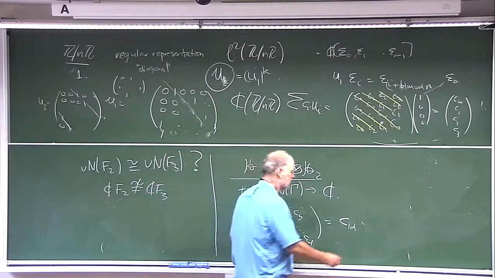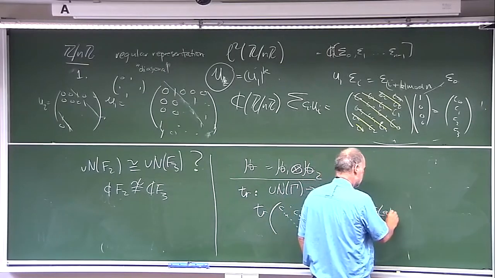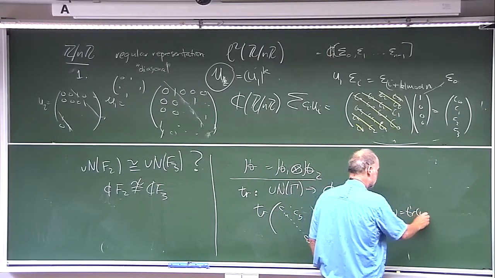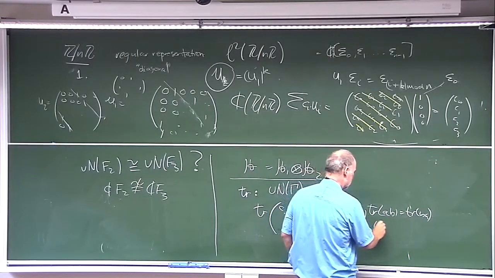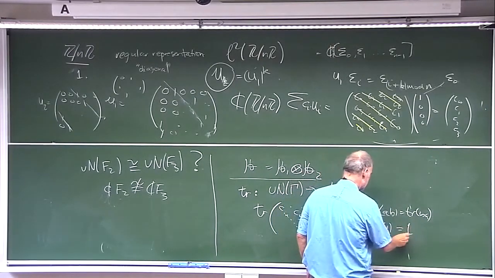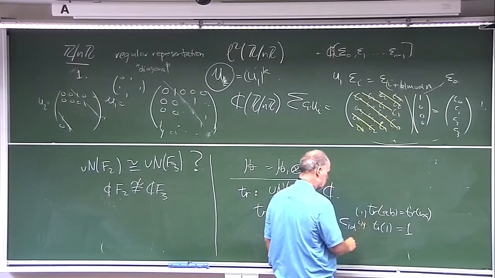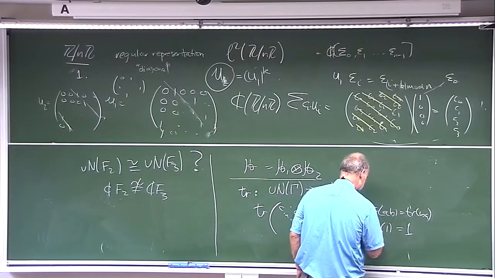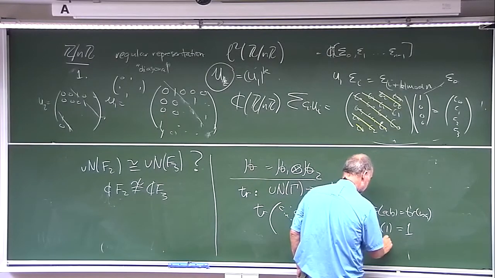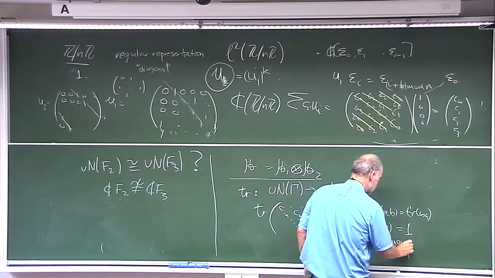And that has the property that trace of AB equals trace of BA. That's a trivial calculation. And it also has the property that trace of 1 is 1. And it has actually a third property you need, and it's continuous. It's weakly continuous. Why is it continuous?